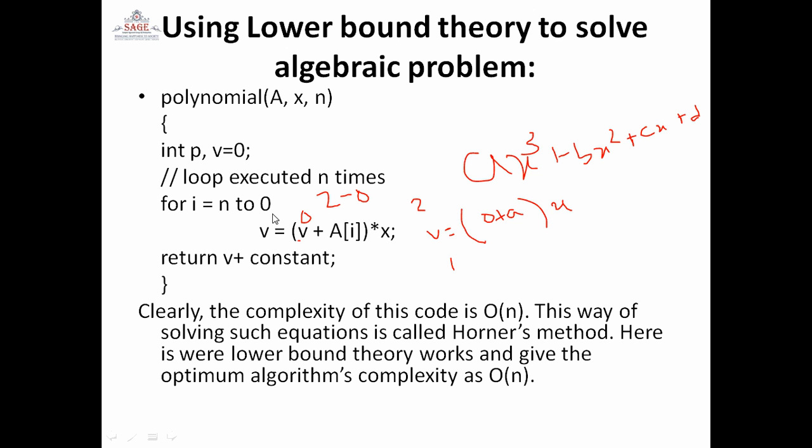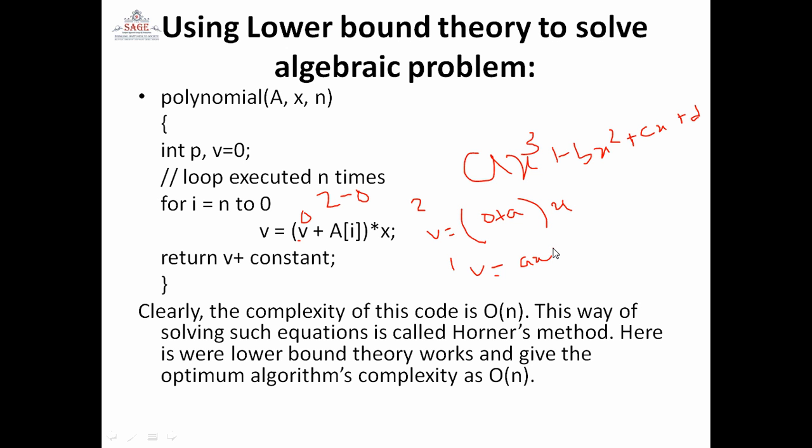Again we'll move there. From here we are going to get v equal to, again what? We have this value in v, so we have ax only there. Yes or no? We have only ax. Okay.